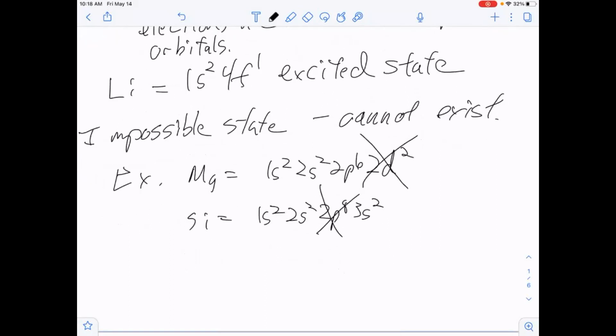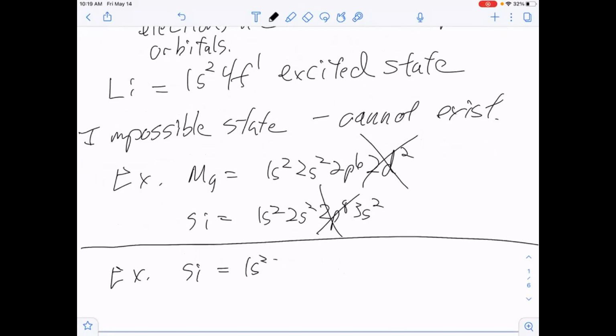How about this one? Let's stick with silicon. 1s2, 2s2, 2p6, 3s2, 3p1, 4s1. Is it excited, ground, or impossible?